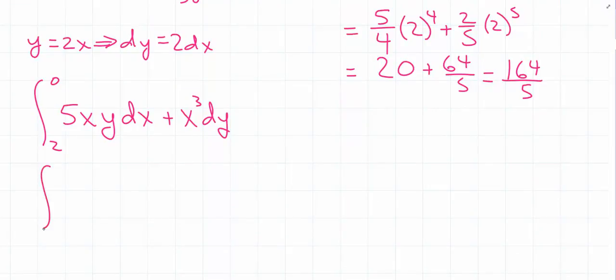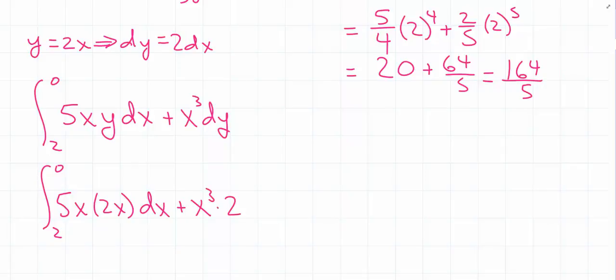From 2 to 0, this is 5x times 2x dx plus, no, not 3x squared, I started to differentiate at the wrong time here, x cubed, and in place of dy we put 2 dx. Now, did I do everything correctly there? In place of y, I got 2x. In place of dy, I got 2 dx. Okay, that looks good.